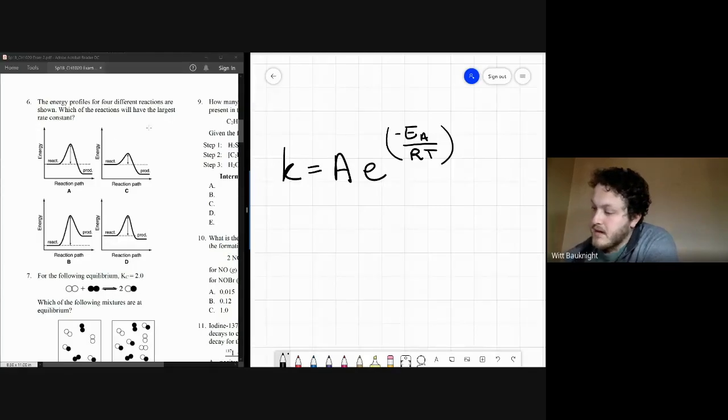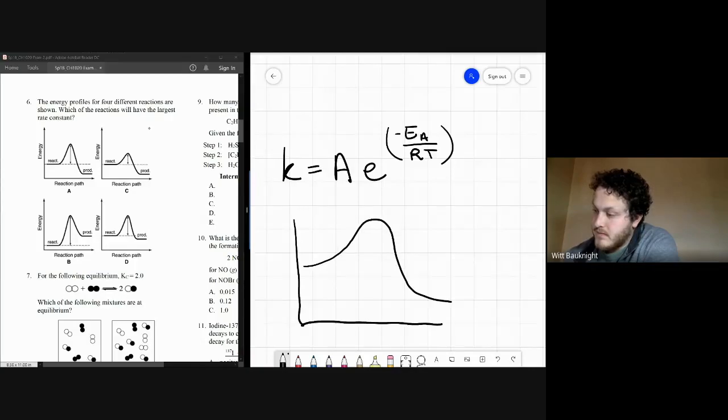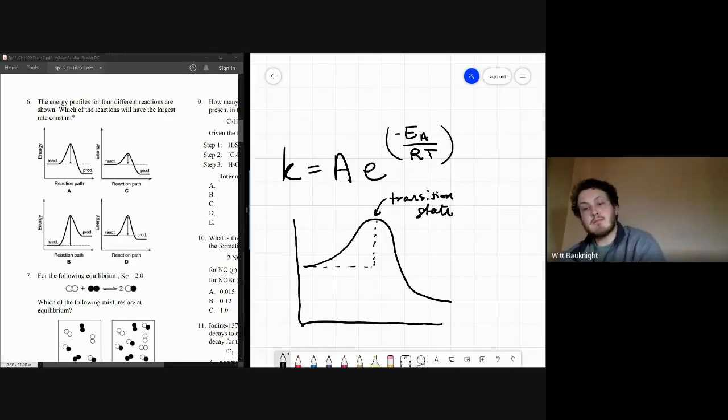An activation energy, as we said before, is how much energy it takes from the reactant to the peak of its reaction path, to this transition state. So if we're looking for the largest rate constant, what are we going to do to Ea?